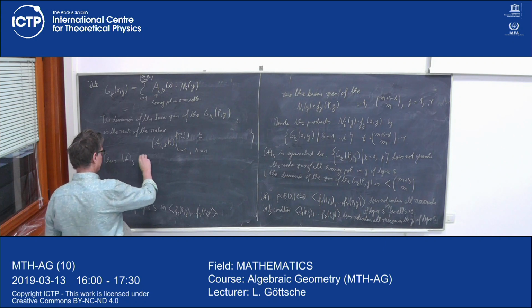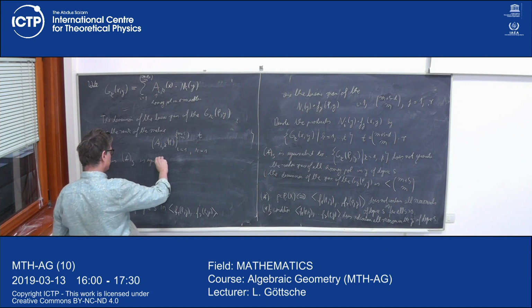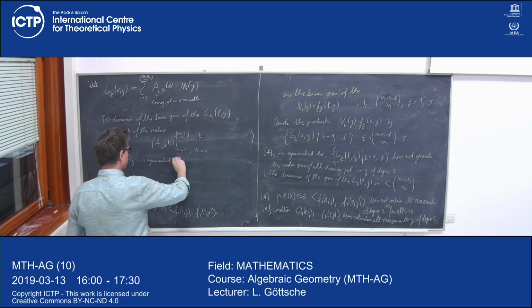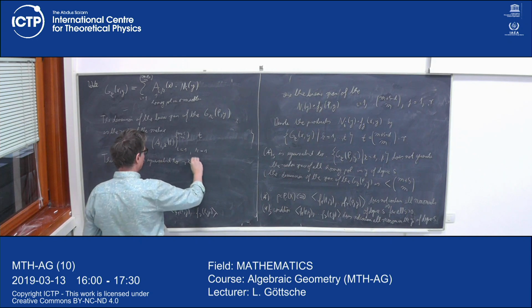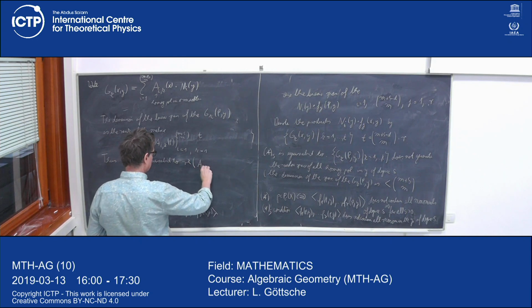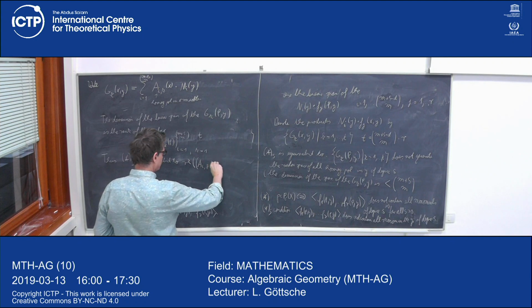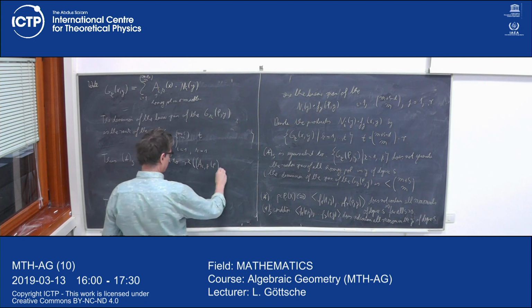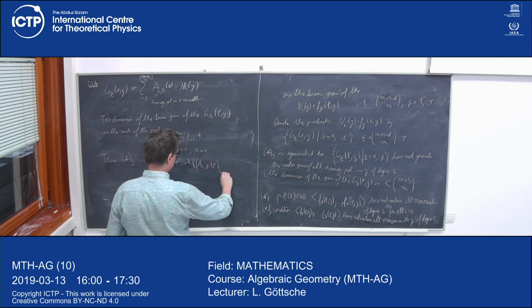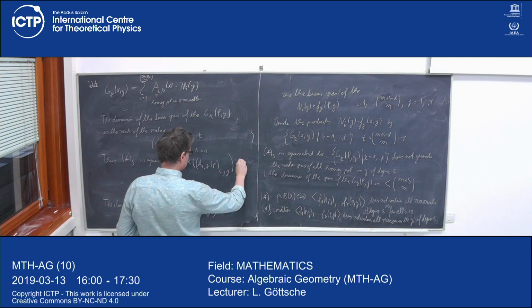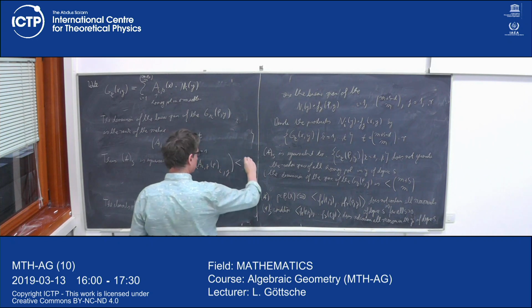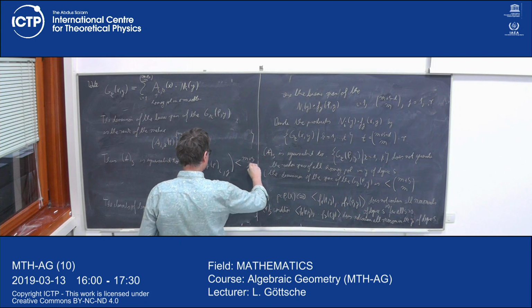Is equivalent to the rank of A, I, K of P, again of I and J, so the matrix is smaller than m plus s choose m.